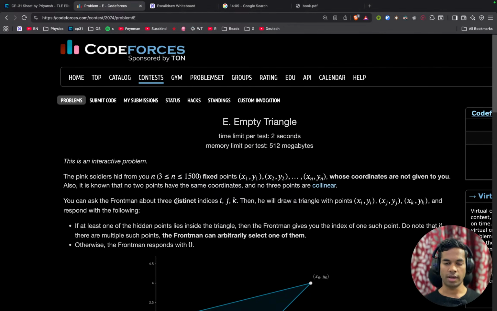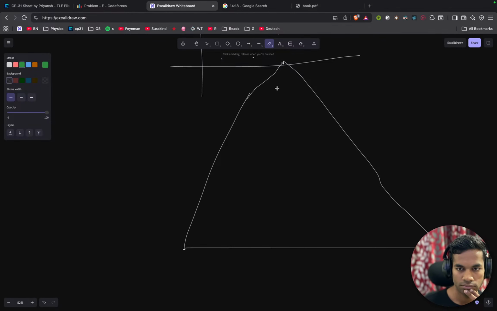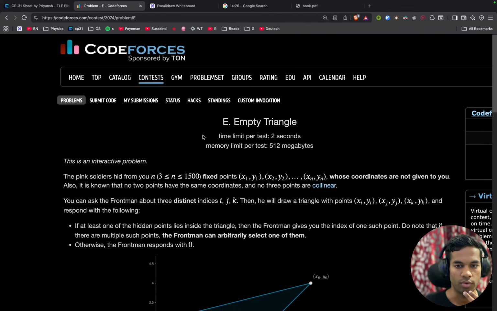Yes, we will be able to accommodate 1500 points inside a triangle.